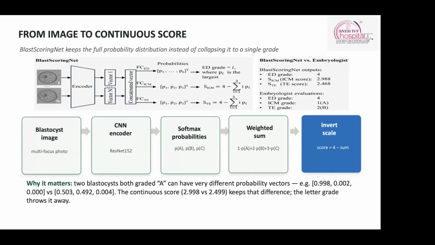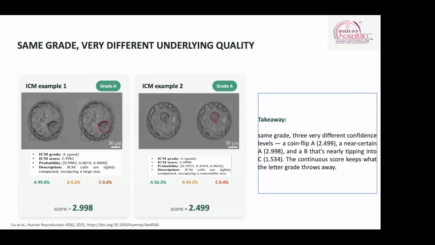In this model, they take a picture and then feed the picture to the system. The picture is encoded and gives the probabilities of A, B, C in terms of ICM, trophectoderm, and the expansion. And the complete weight is then converted into the score. That score is going to decide which embryo is better to transfer if we have the same category.